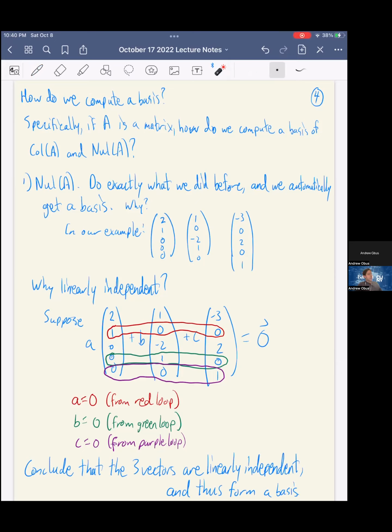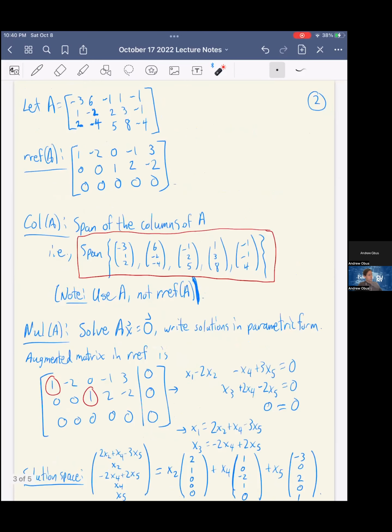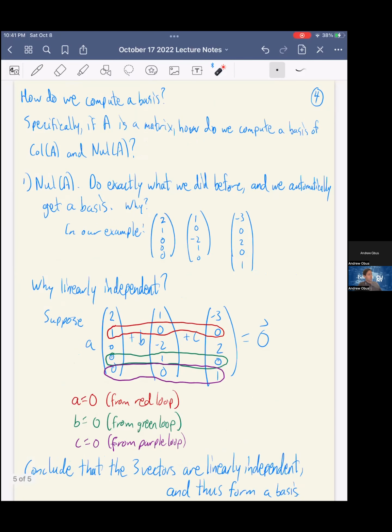And in fact, this idea of the proof will always work as long as you draw your loops at the positions that correspond to the free variables. In this example, our free variables corresponded to x2, x4, and x5. If you draw the loops in the second, fourth, and fifth positions, because that's x2, x4, x5, then everything here is always going to work.